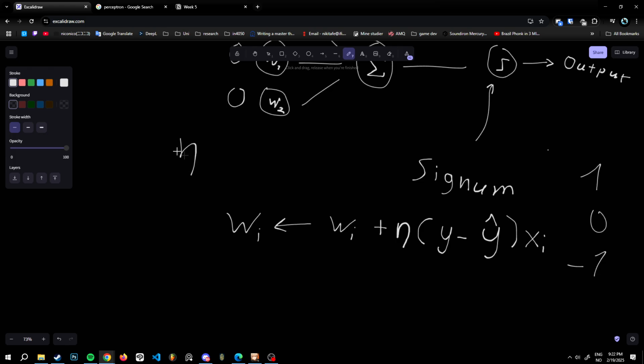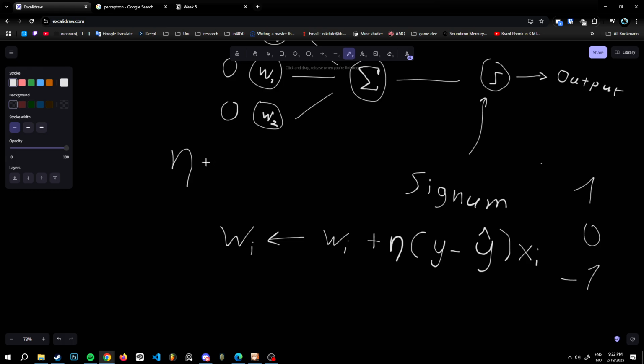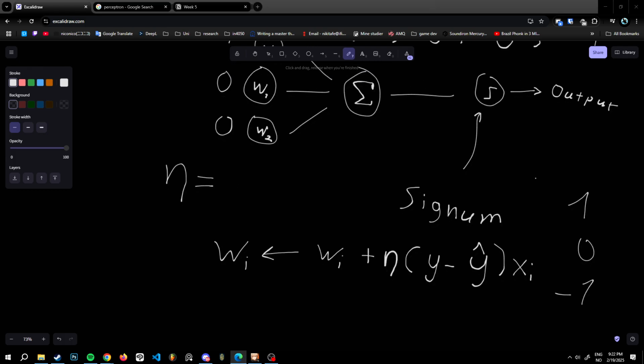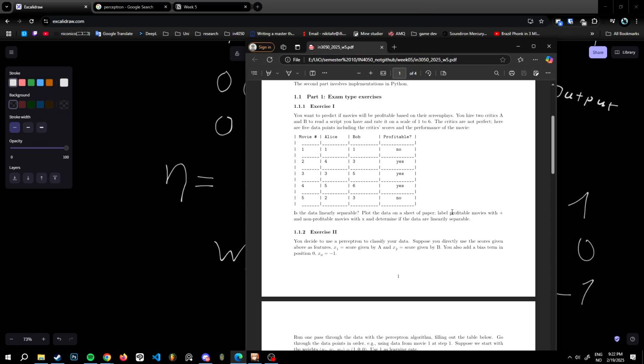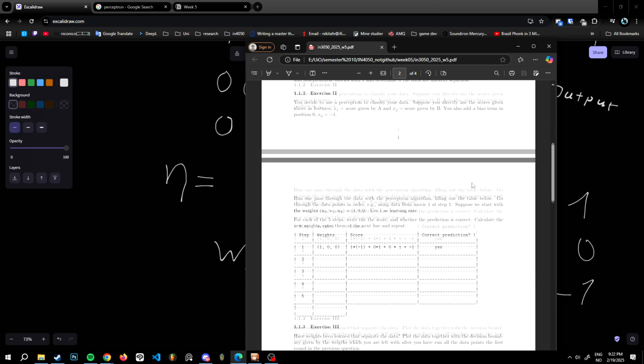n, this n right over here, is the learning rate. So what does learning rate mean? It means the rate at which the perceptron learns.